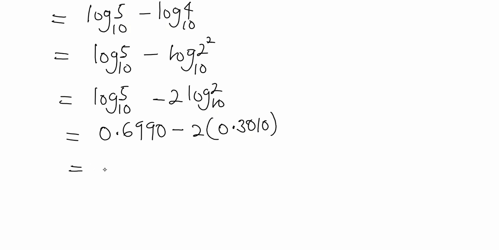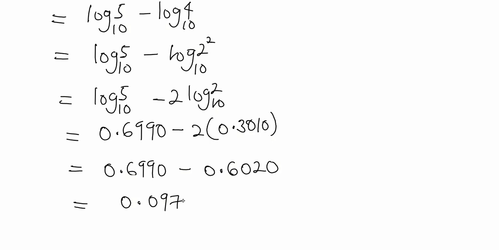Now we maintain the 0.6990 minus, so 2 multiplied by 0.3010 gives us 0.6020. And when we subtract these two, we are going to have our final answer as 0.0970.